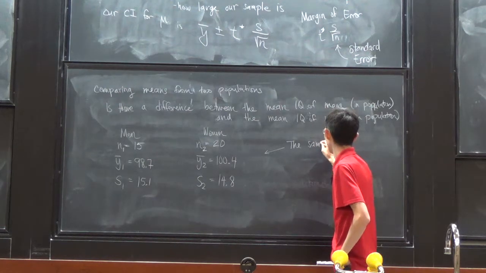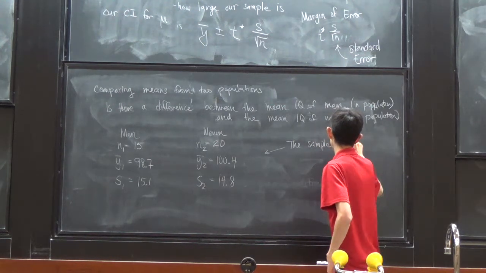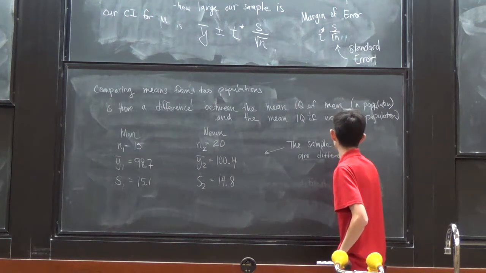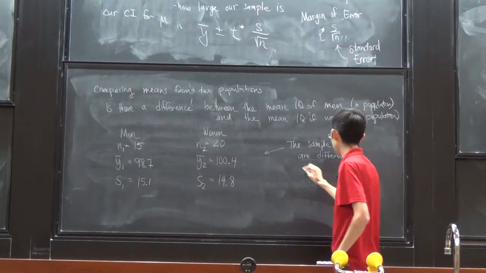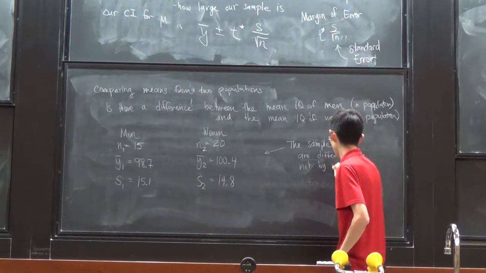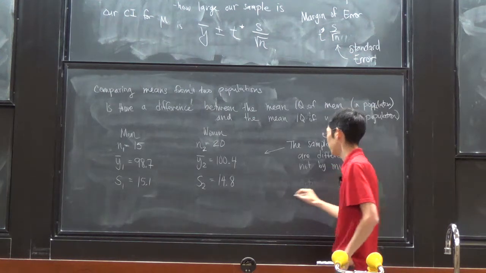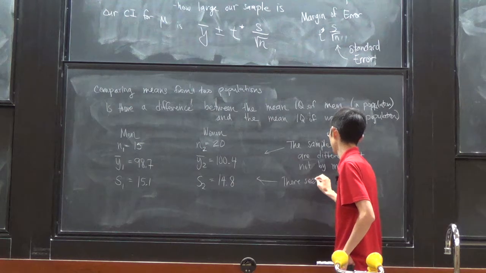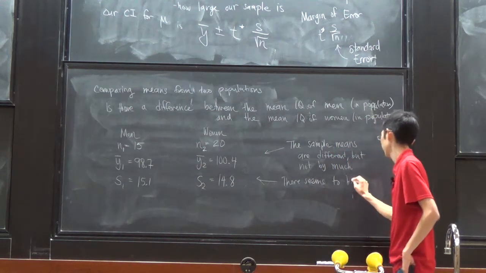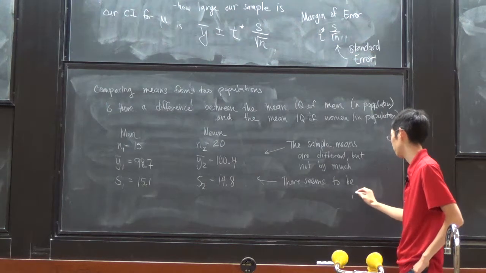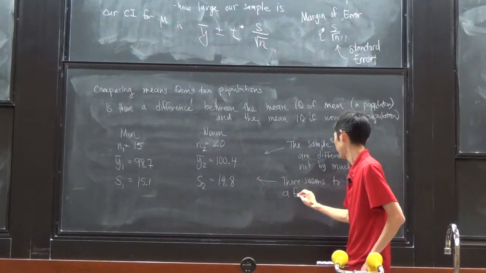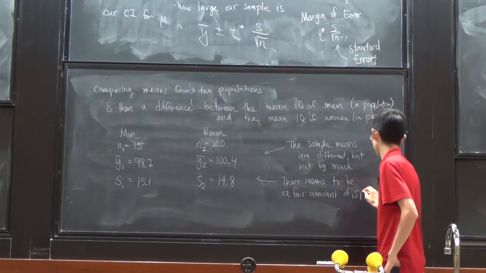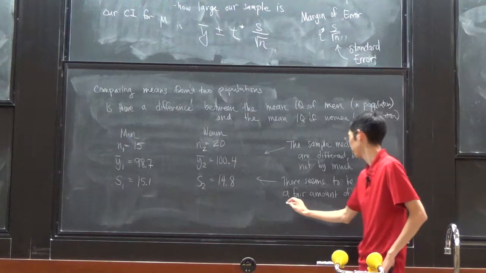So at this point, maybe we would say the sample means are different, but not by much. And there also seems to be a fair amount of spread in our data.